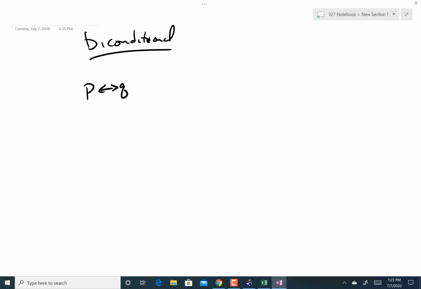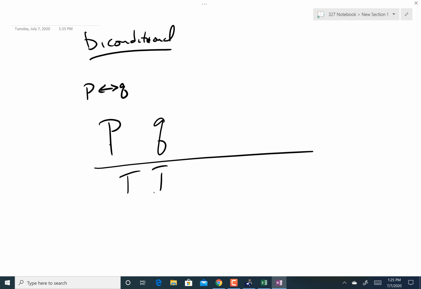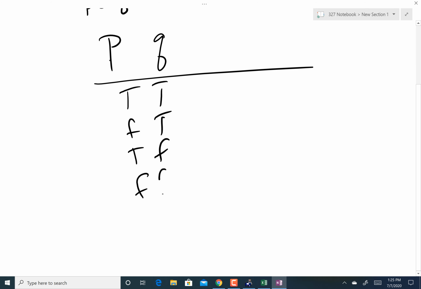It has to be P implies Q and Q implies P. Which means, if you think about it, here's P and Q. Everybody knows that this is the only one that is false going this way, and this is the only one that's false going that way, right? So if you do the bidirectional one, this one's true regardless of which way you go, this one is true regardless, and these two are both false regardless of which way you go.